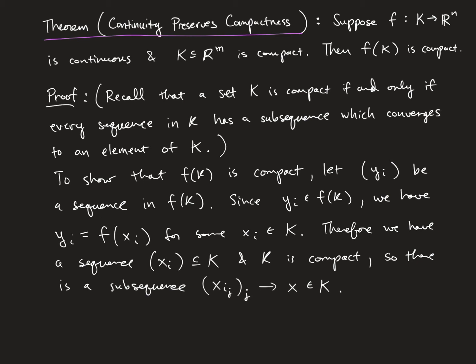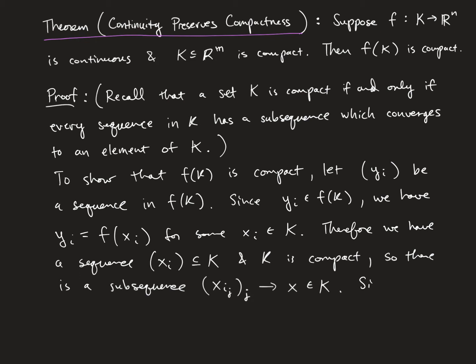We have this sequence converging, and we have this f which is continuous. So the function is going to preserve this limit, right? The f along this sequence is going to go to f of x.